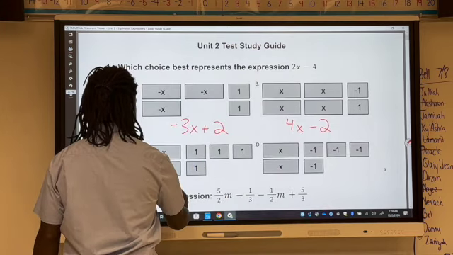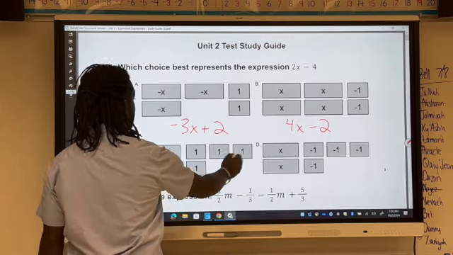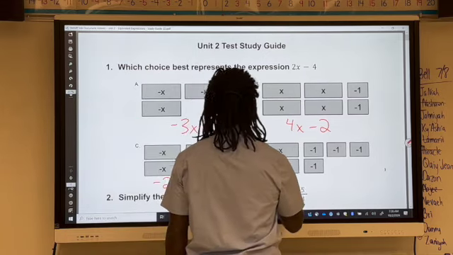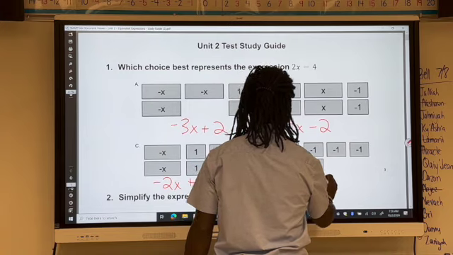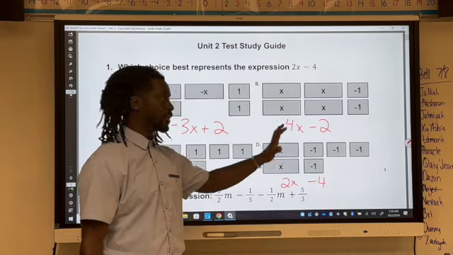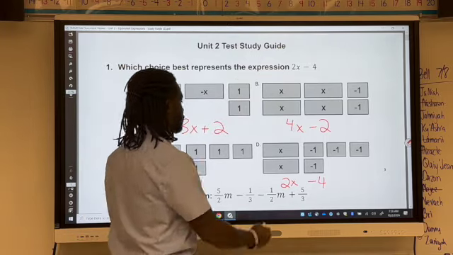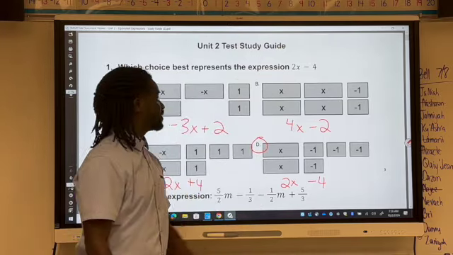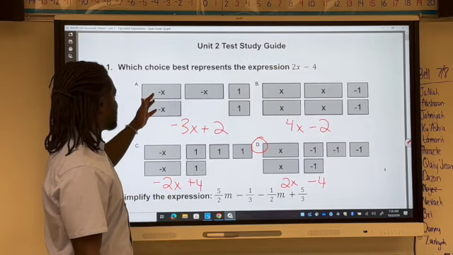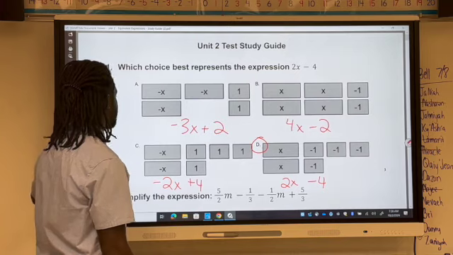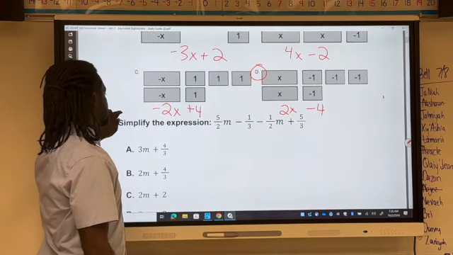This is negative 2x and positive 4. And then this is a 2x and negative 4. Okay, and so in this one, I didn't have to do any 0 pairs here. It was already in simplest form. So the correct answer is D. Remember, if you have a positive and a negative, those would cancel out. But in this case, there was none. All right, so moving on.